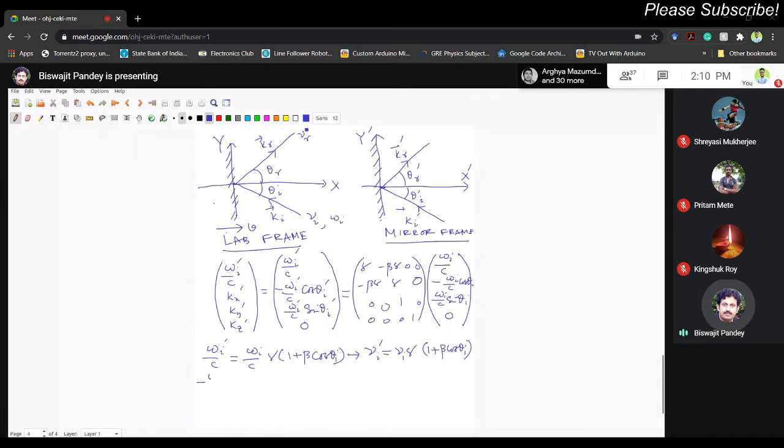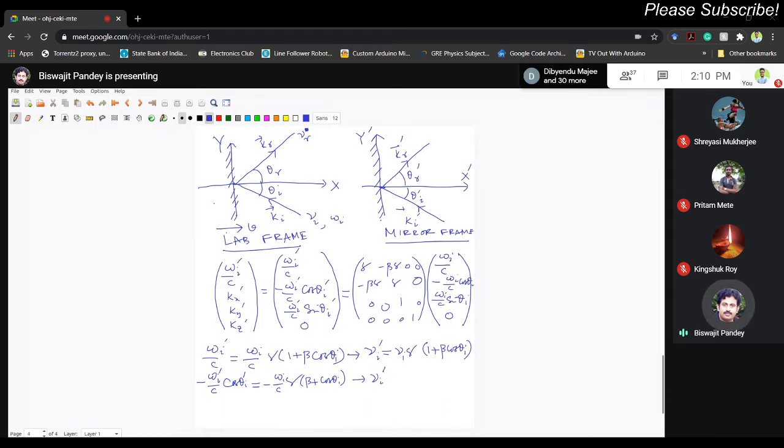The second equation that involves a negative sign: omega I prime by C cos of theta I prime equal to minus omega I by C, and then gamma, and then beta plus cos theta I. Again, you can write it in terms of nu.